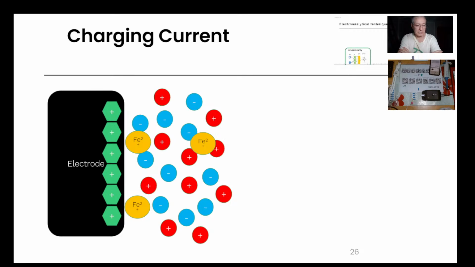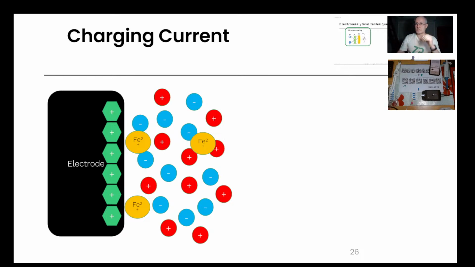Most electronics these days are actually digital, so we're really changing the potential by little potential steps. Maybe these potential steps are only 5 millivolts, so these electronics are pretending to be analog, when in fact they're digital.